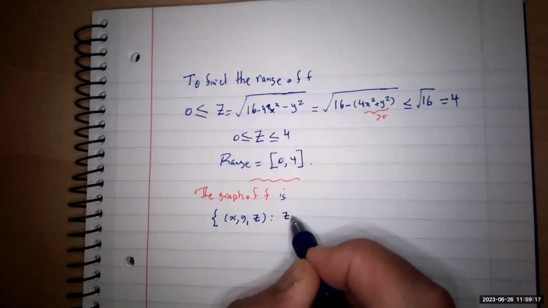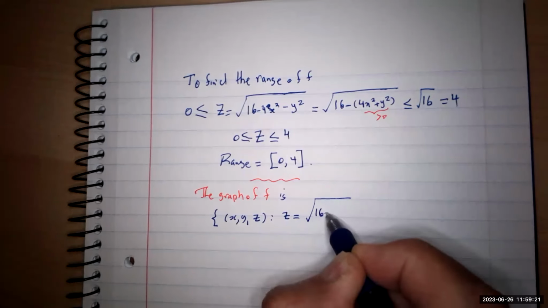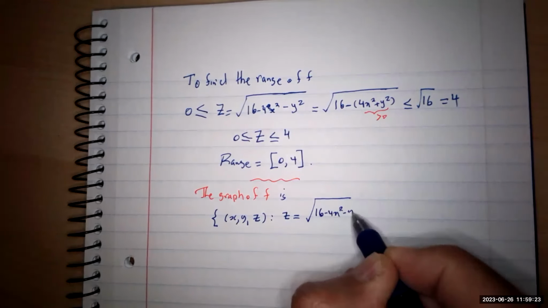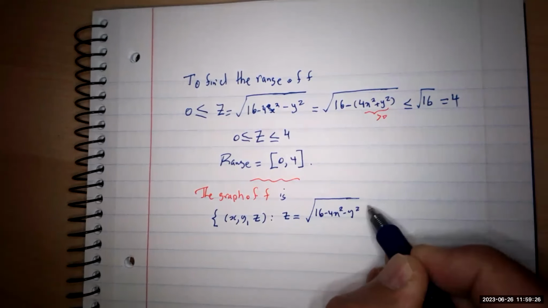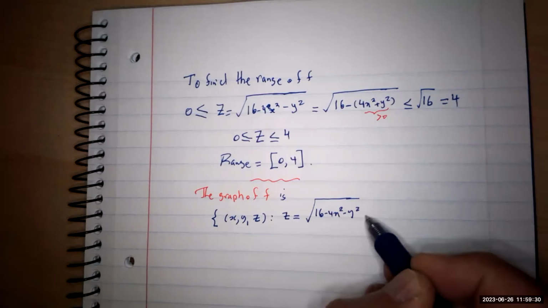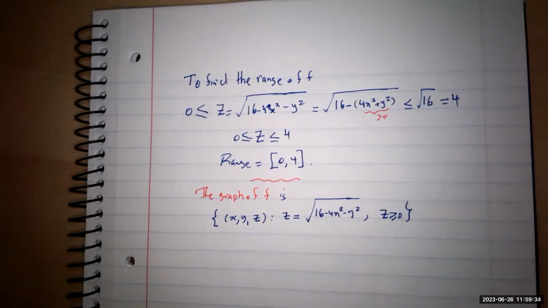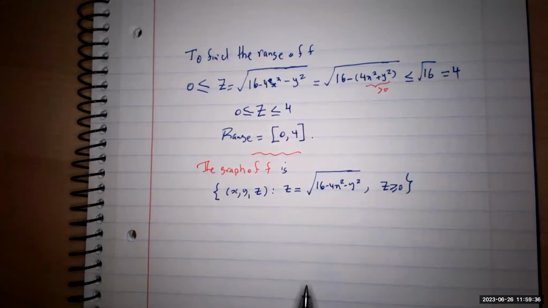The condition is z equal to the square root of 16 minus 4x squared minus y squared. We already described this one. Of course, z is greater than or equal to 0. Again, you can go back and simplify it, get the description. You already got that description.